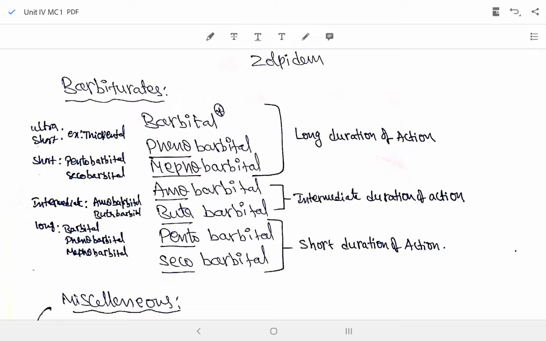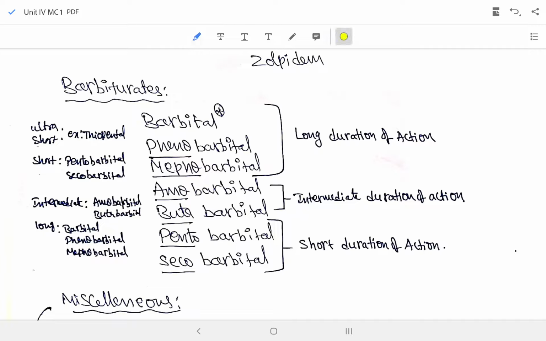There are other two examples for short duration of action, pentobarbital and secobarbital. Although it is not mentioned in your syllabus, you should remember that there is an ultra short acting barbiturate, that is thiopental.